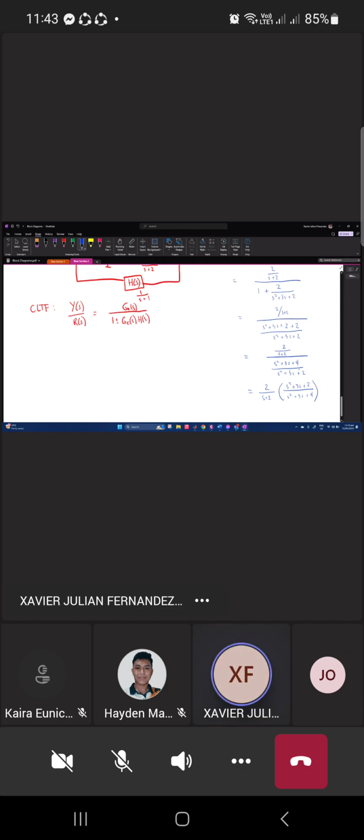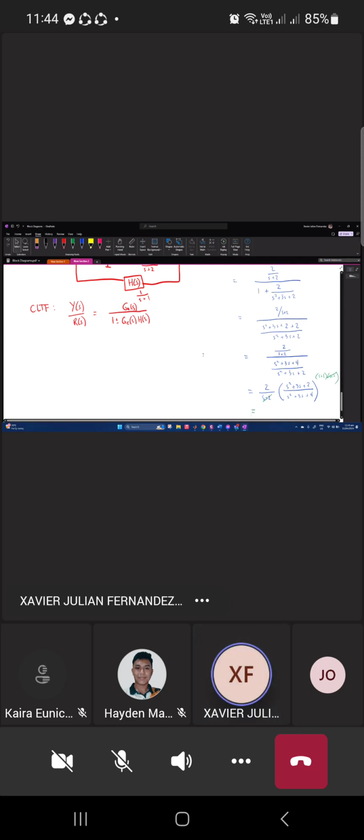But we know that the numerator here can be factored as s plus 1 times s plus 2, right? We have similar binomials, so we can cancel them out.